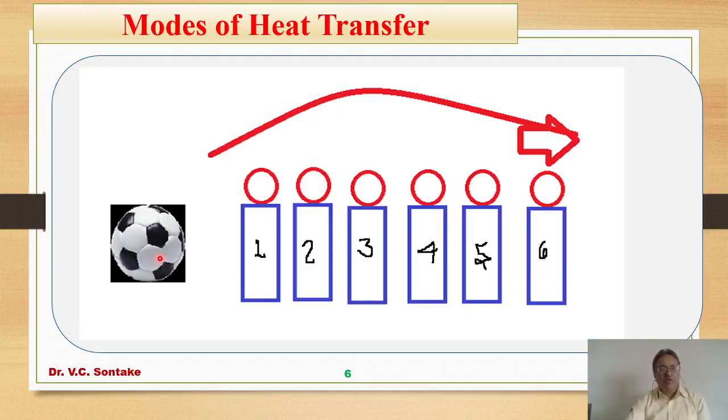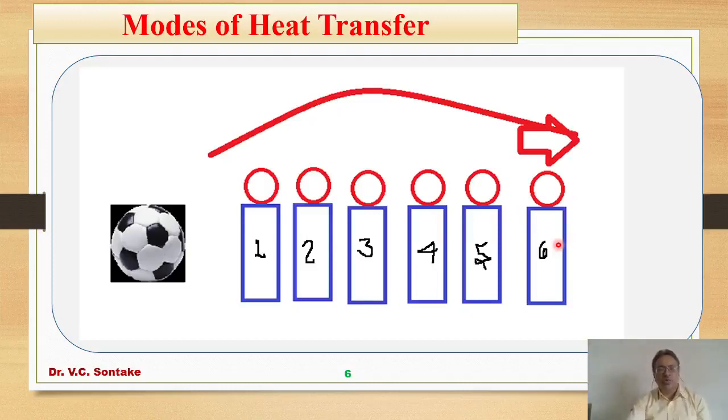In the second mode, the football will be transferred to player 1. Now this player 1, instead of transferring this football to his neighbor player 2, will himself move away, walk along to player 6 and give this football to player 6. This way, the football will be transferred.